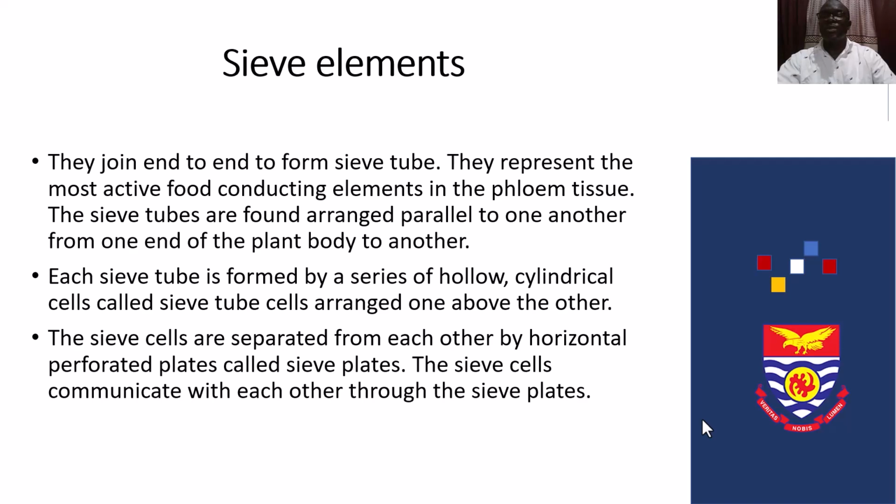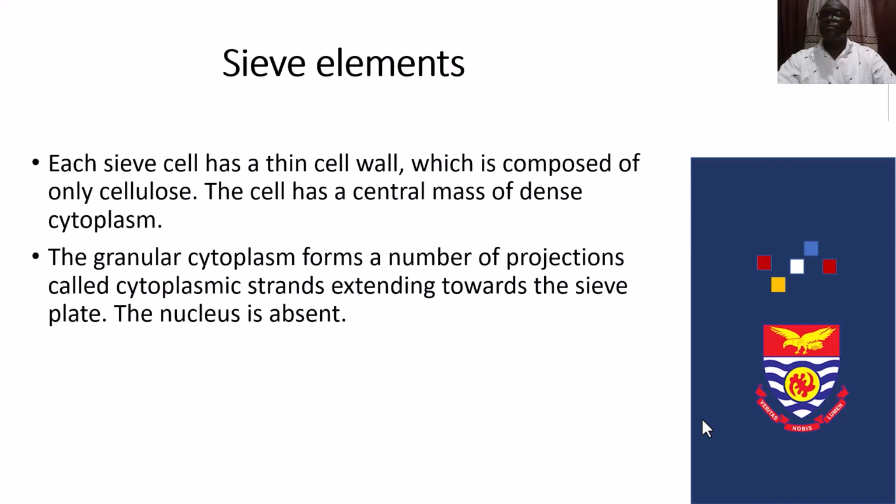Each sieve tube is formed by a series of hollow cylindrical cells called sieve tube cells arranged one above the other. So the sieve tube cells are separated from each other by horizontal perforated plates called sieve plates. The sieve cells communicate with each other through the sieve plates. Each sieve cell has a thin cell wall which is composed of only cellulose.